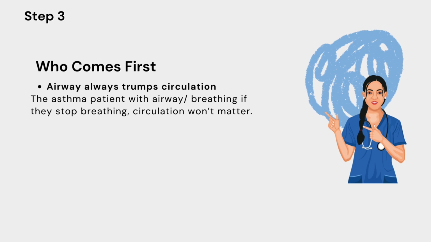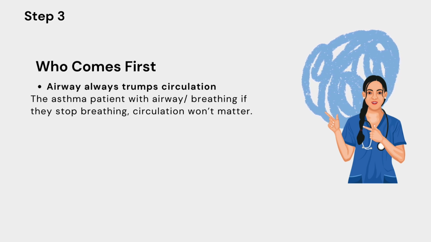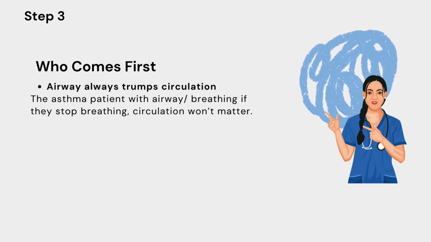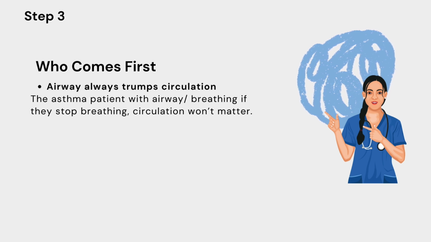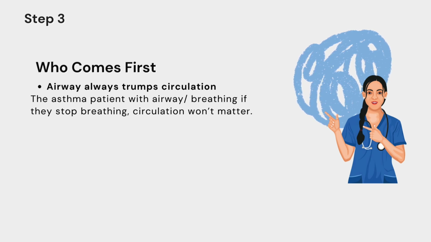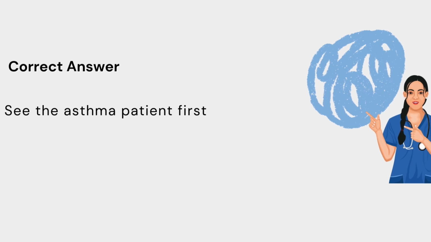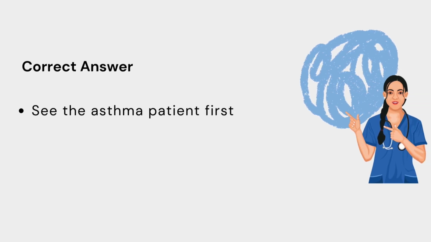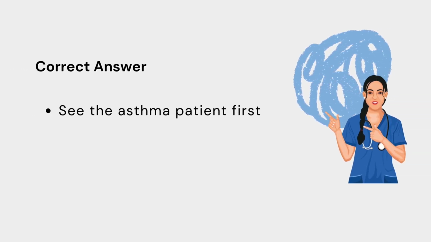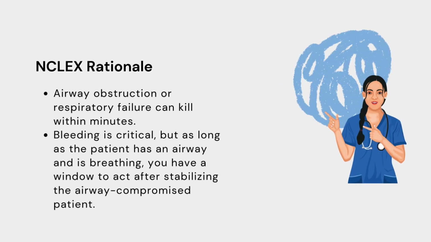So the asthma patient with airway or breathing compromise is going to be prioritized first, because if these patients stop breathing, circulation won't even matter at that point. So you have to address the airway compromise. The correct answer is that you will see the asthma patient first.